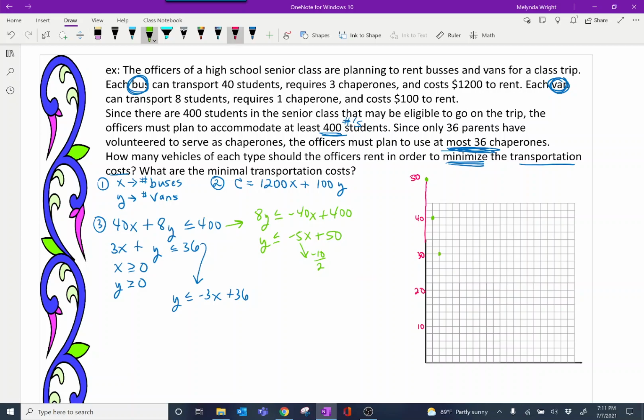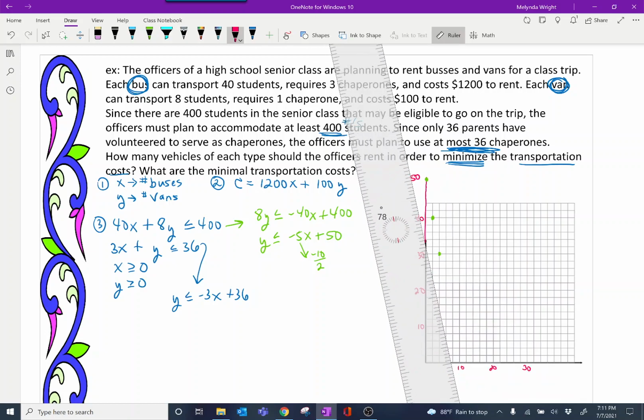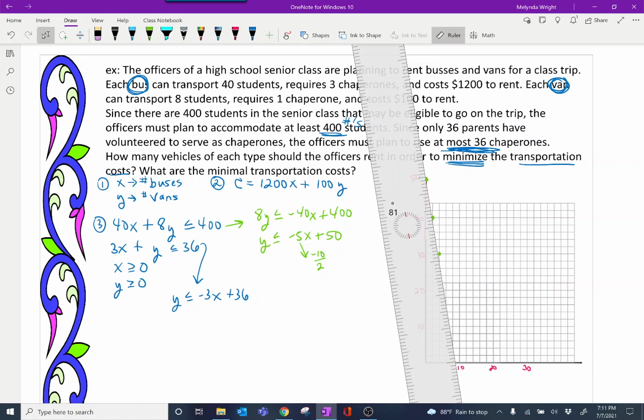Remember, this scale is the same. 2, 4, 6, 8, 10. 2, 4, 6, 8, 20. 2, 4, 6, 8, 30. Okay, so let's draw that. Let's use green.